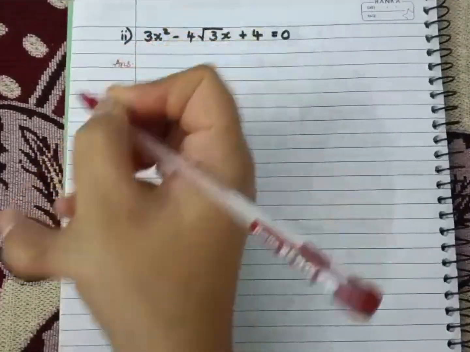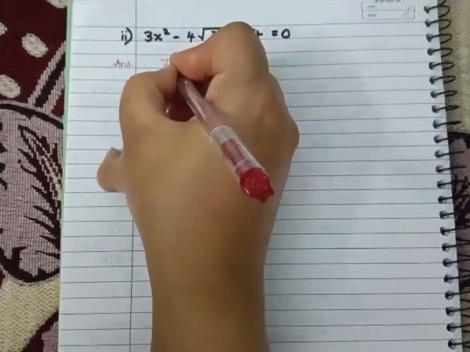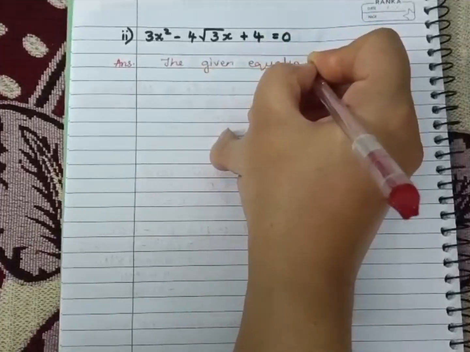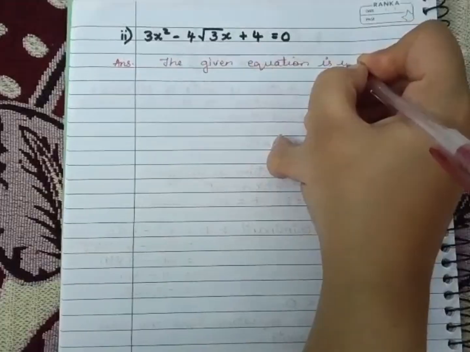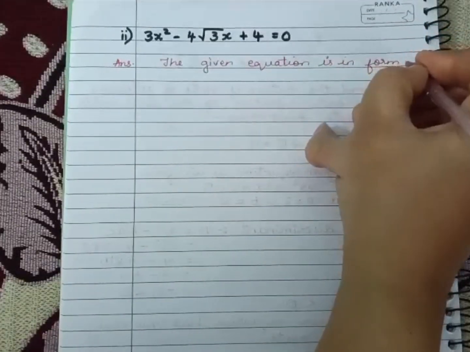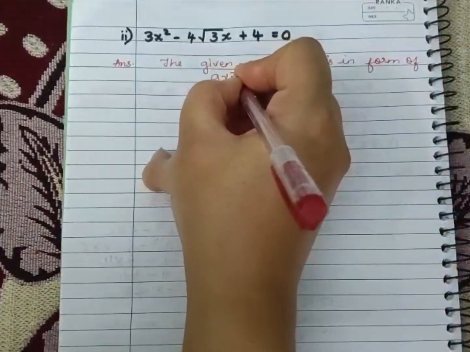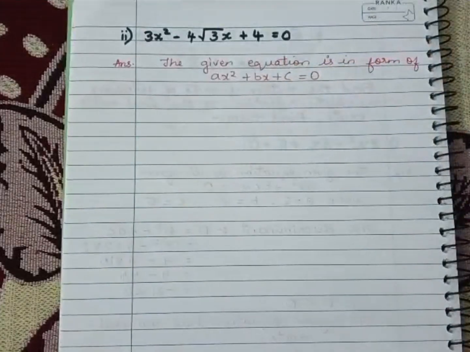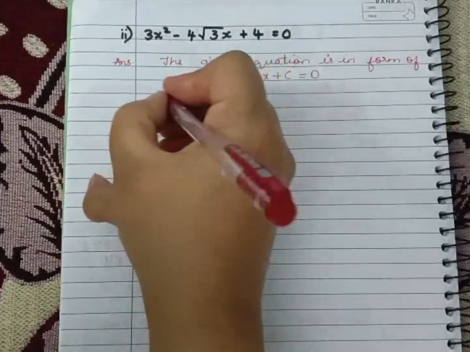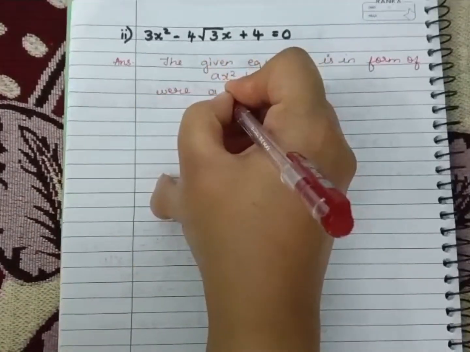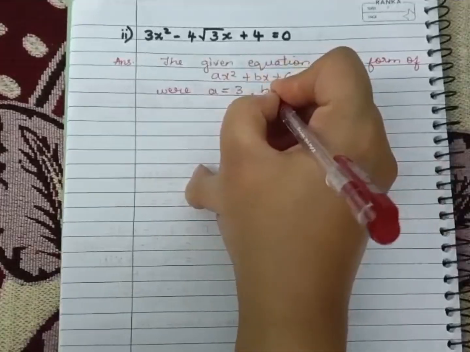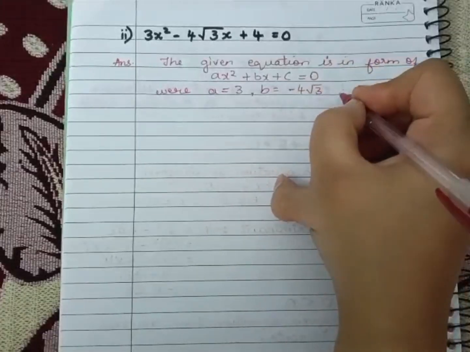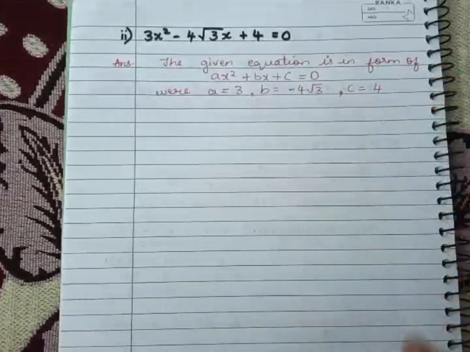And the answer for this is the given equation is in the form of ax square plus bx plus c is equal to 0, where a value is 3 and b value is minus 4 root of 3 and c value is 4.